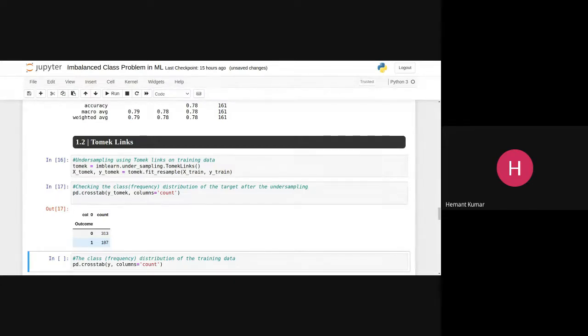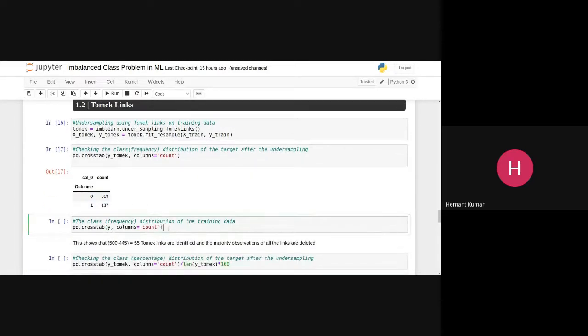The data has 768 samples, and 70% of that is about 500, where class 0 has 313 and class 1 has 187.